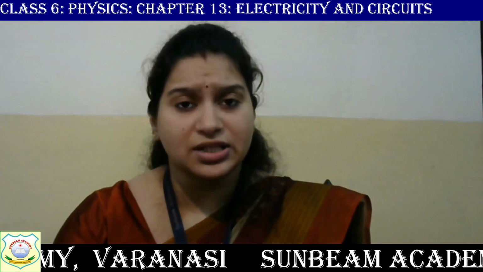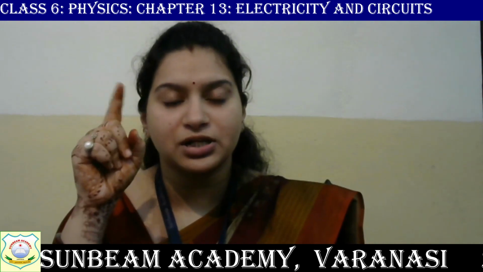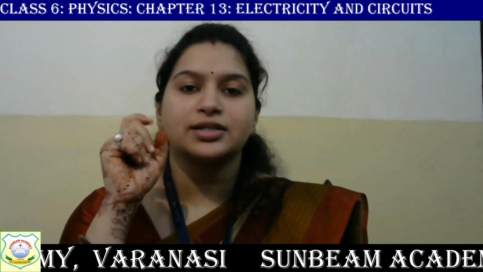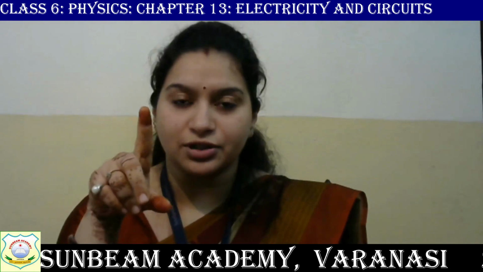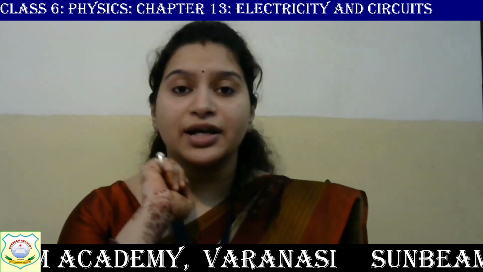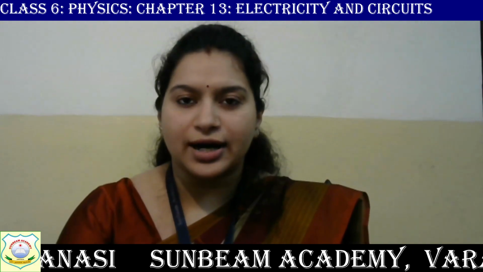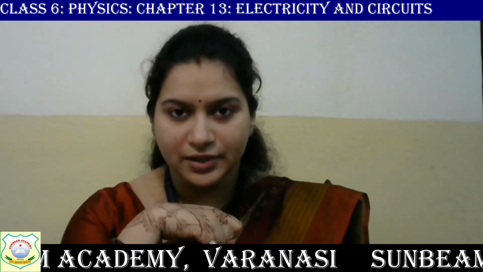We have seen the electric cell and its two terminals, that is positive terminal and negative terminal. So an electric cell or a dry cell has two terminals, positive and negative. Then we talked about various components of the torch. In a torch we have an outer covering body, isn't it?